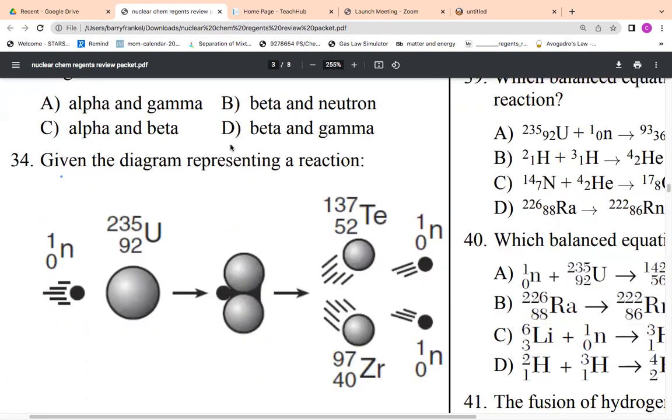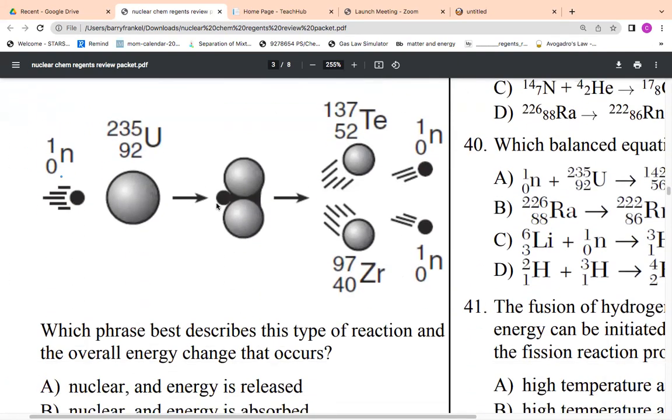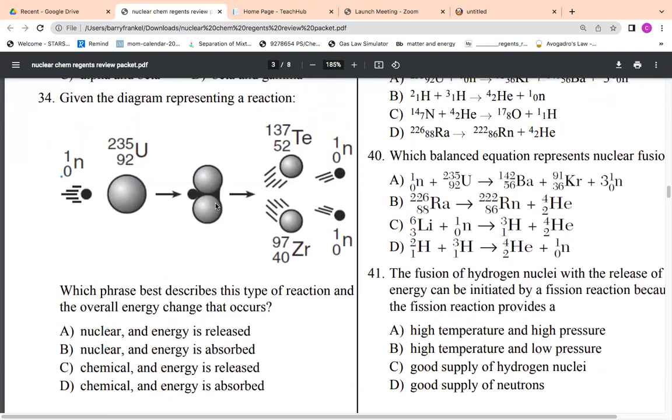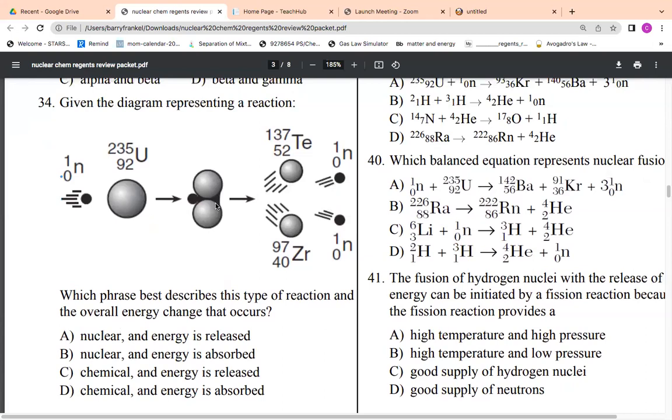All right, 34. Let me zoom out a little. So we've got this diagram below representing a reaction, and I really want to pay attention to this arrow.